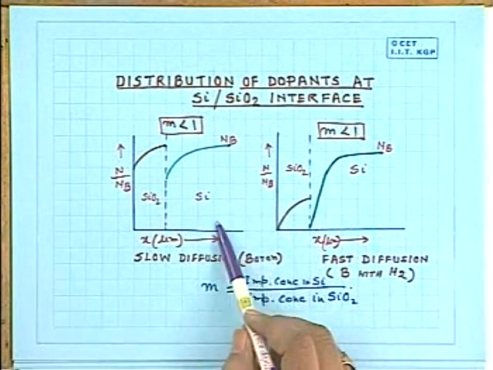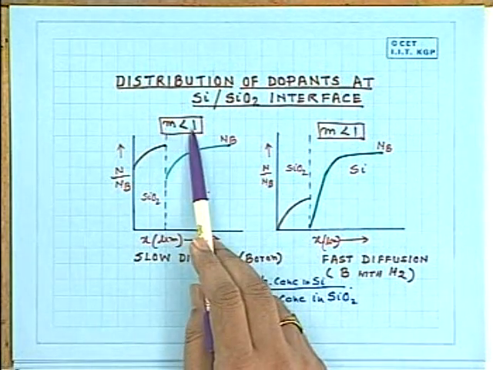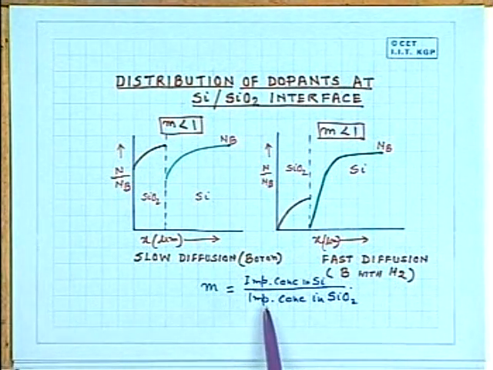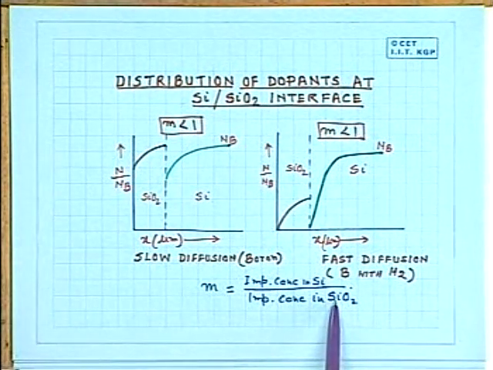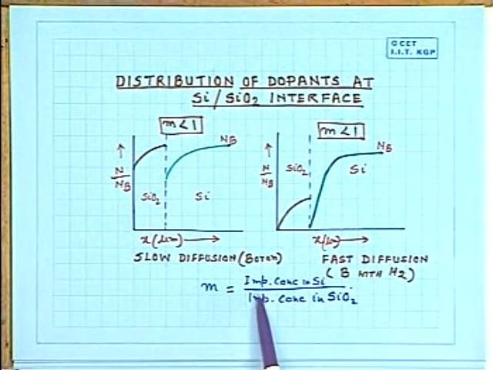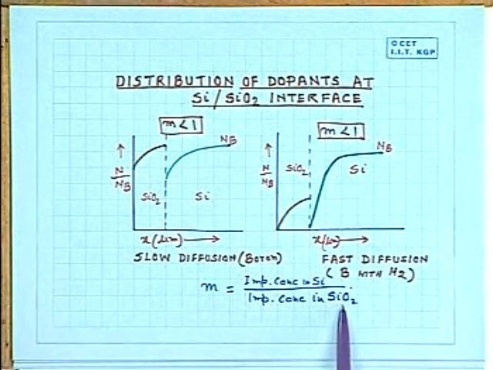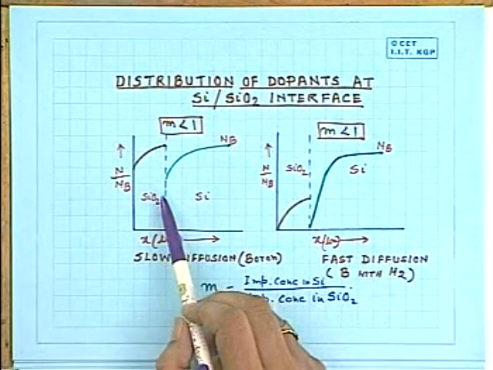In this particular curve, we have assumed that M is less than 1. That means impurity concentration in silicon dioxide will be more compared to impurity concentration in silicon, because M is the ratio of impurity concentration in silicon divided by impurity concentration in silicon dioxide.